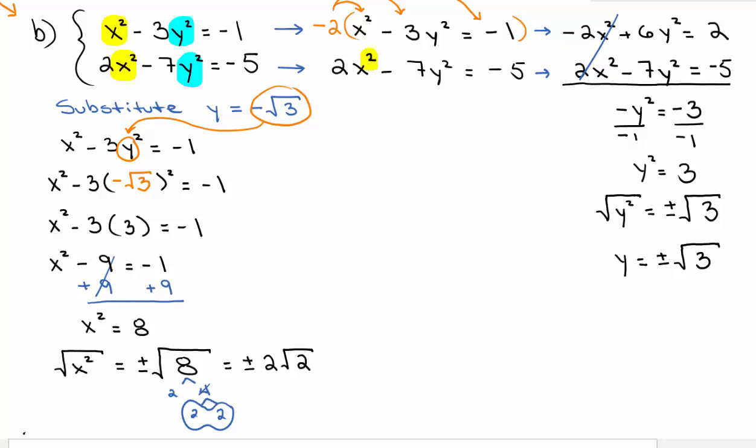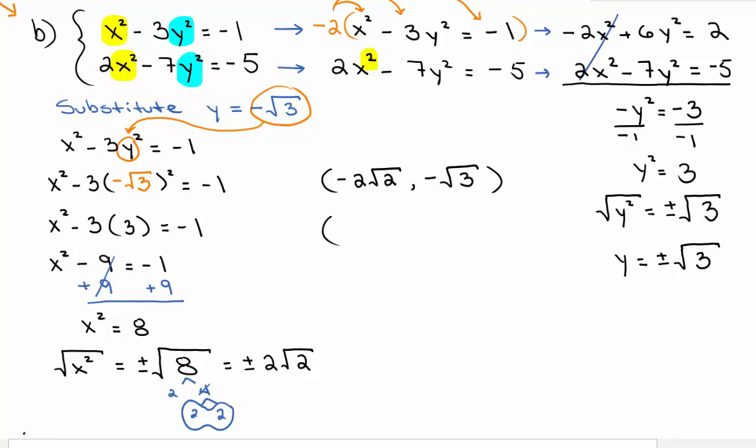All right. What we actually have found here is two ordered pairs. I'm going to write down those two ordered pairs so you can actually see what it would look like written out. So one ordered pair is going to be negative 2 square roots of 2, comma, negative square root of 3.